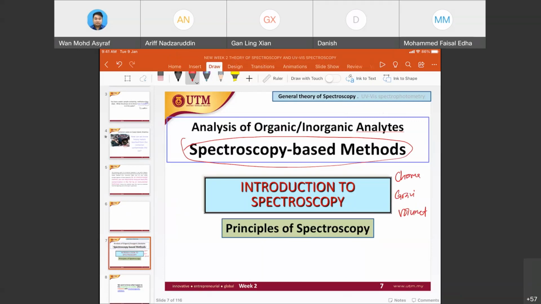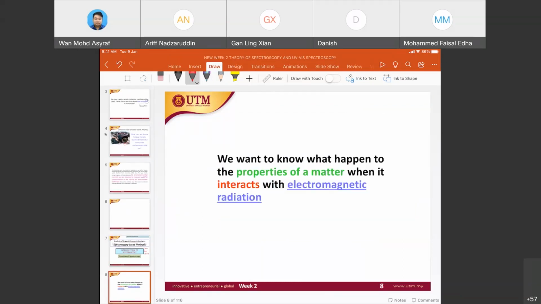Okay, in terms of spectroscopy based methods, first of all you need to know what is spectroscopy. Introduction of spectroscopy. Okay, so basically what is spectroscopy? Spectroscopy is that we want to analyze the property of the matter when it's with electromagnetic radiation. So when there is a question, atau orang tanya, what is spectroscopy?